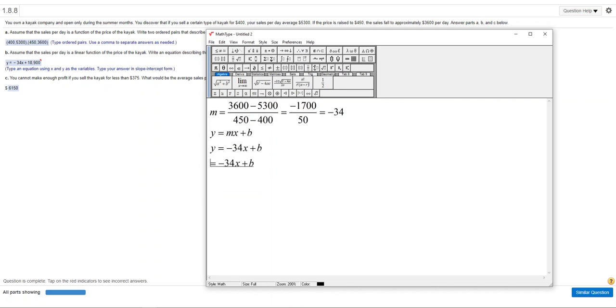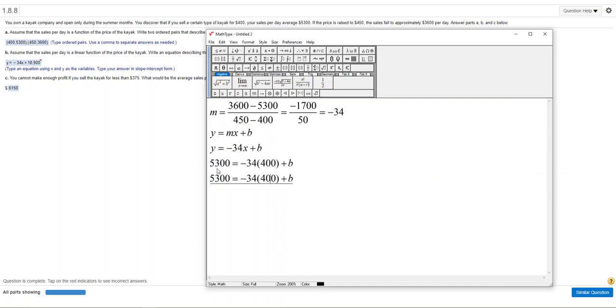In the first ordered pair, the y value is 5,300, and the x value is 400. So put 400 in there. All right. Now we can figure out what 400 times negative 34 is. I'm going to just keep writing on a new line to preserve my work steps here.